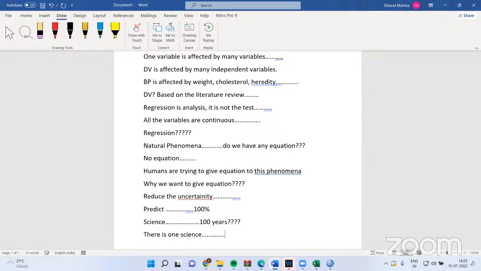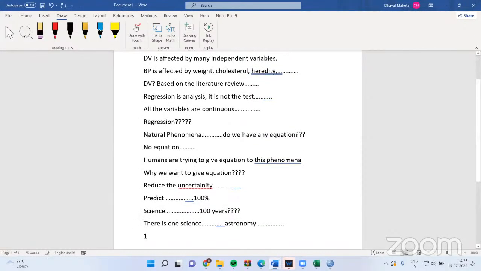And that science is astronomy. It can predict, after 100 years, when the solar eclipse will occur, with very minute accuracy.